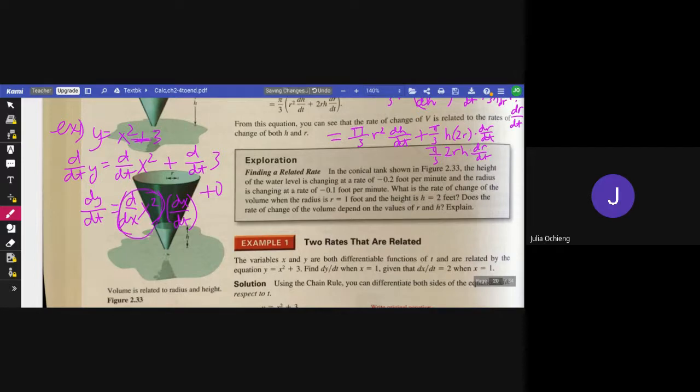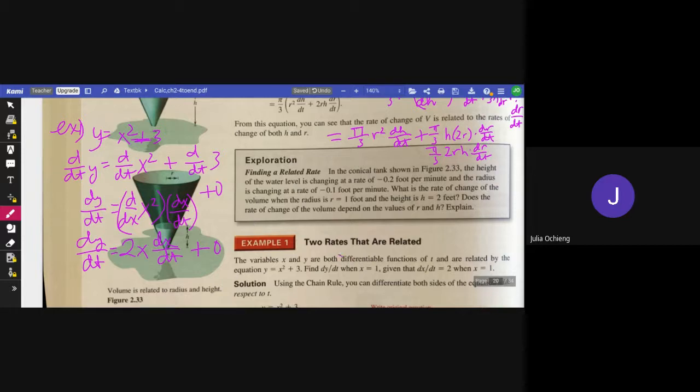So this is going to be 2x, and then we're left with dx over dt. Excuse me. You should be able to finish this on your own by now, plus 0. So I encourage you to pause the video and finish this.